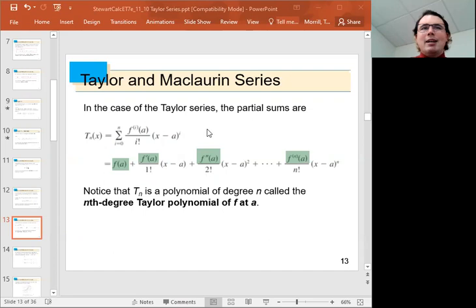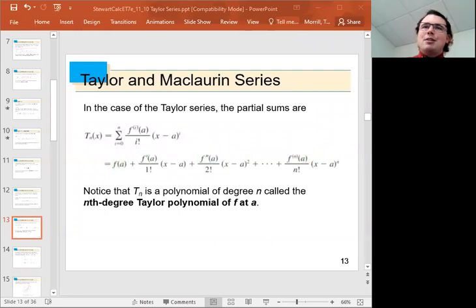So I'll take my first derivative, divide by 1 factorial, multiply by x minus a. I'll take my second derivative, divide by 2 factorial, multiply by x minus a squared, and so on.